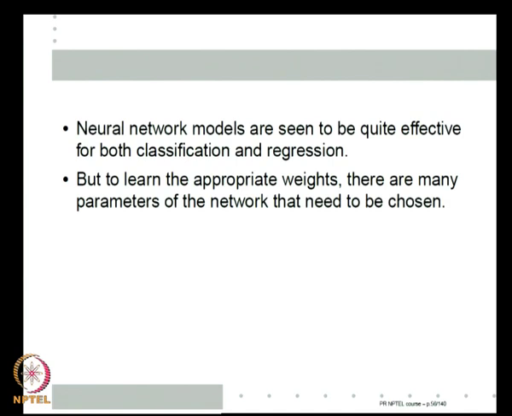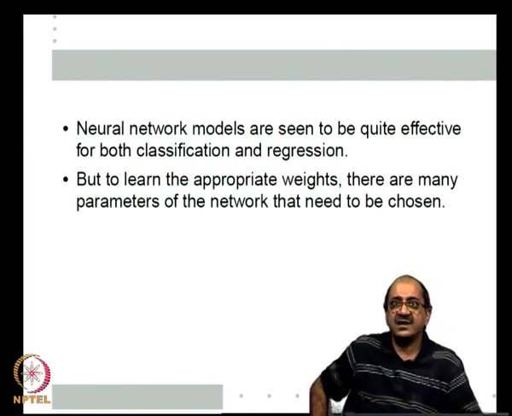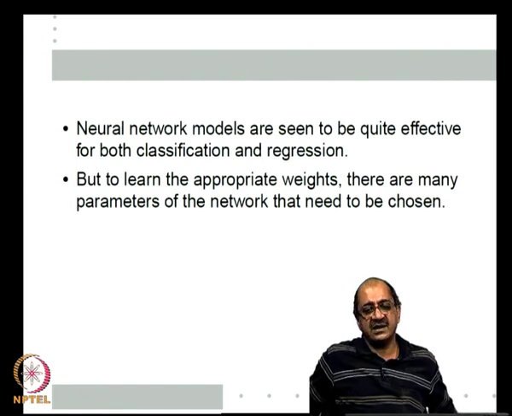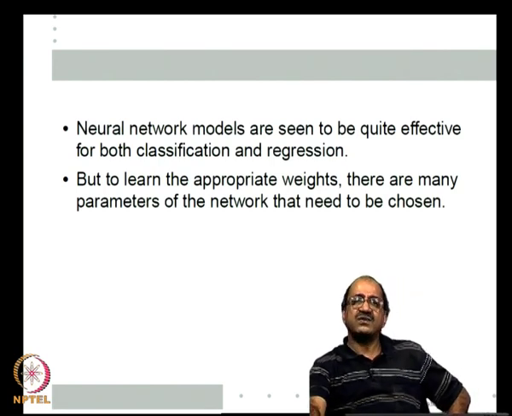But to actually use them, we are now moving to a realm where models are complicated. There are many parameters of the network that need to be chosen. You have to choose the hidden layers, the number of hidden nodes, step sizes in the learning algorithm, activation function types. There are a lot of things to be chosen.